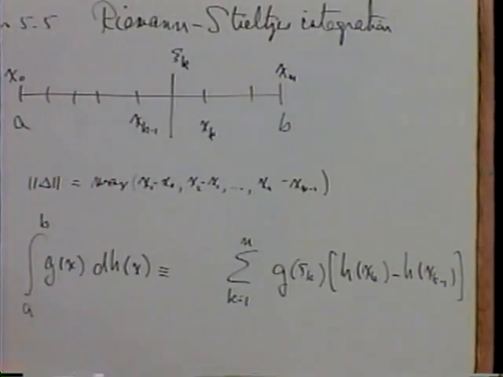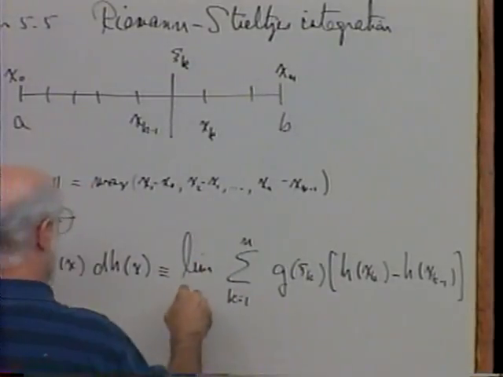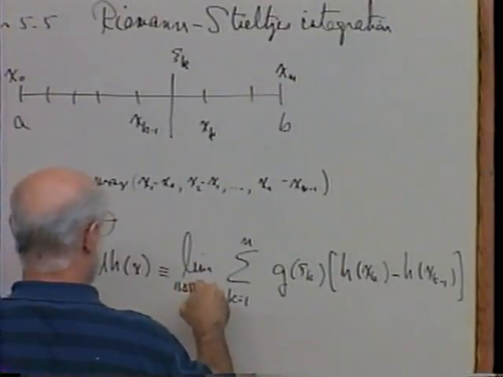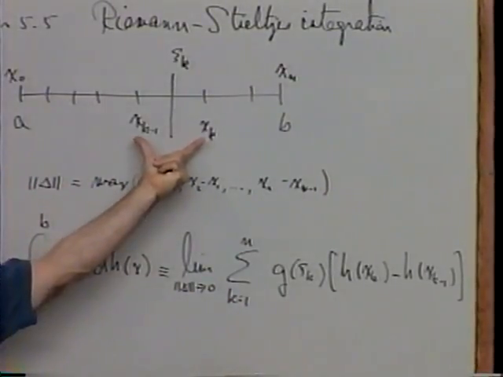And then, of course, take the limit of that as the norm goes to 0. So what I'm doing is I'm squeezing these points together so that if the largest interval goes to 0, then of course they all go to 0.